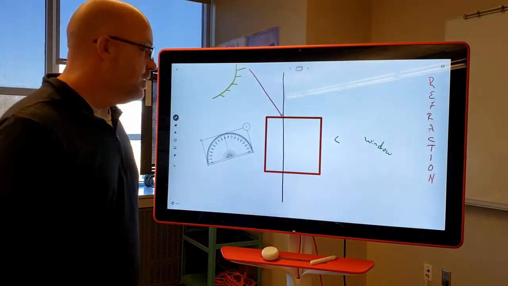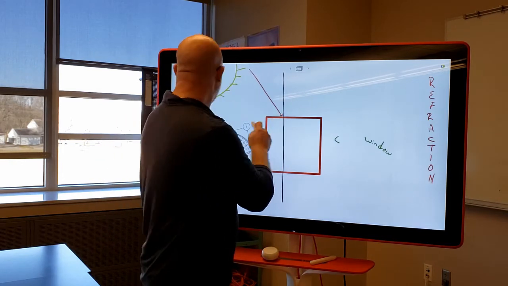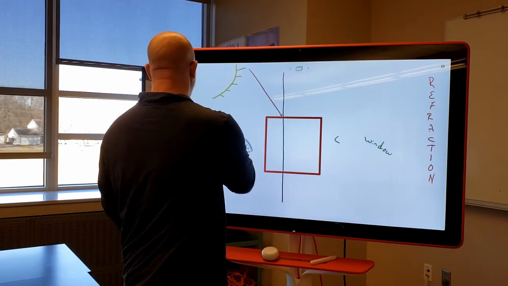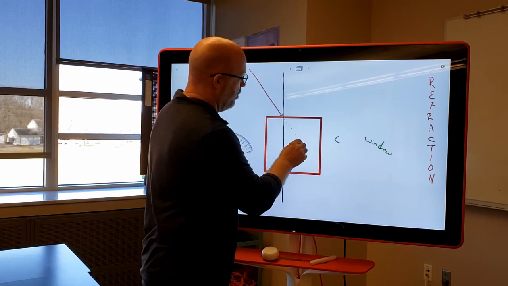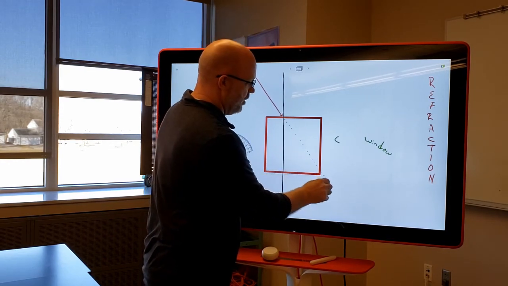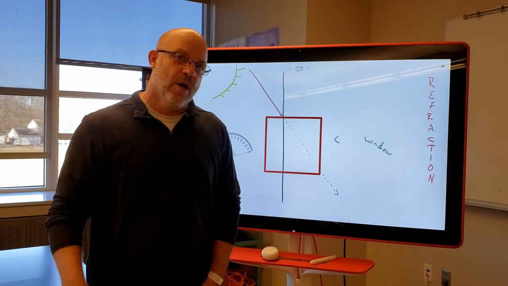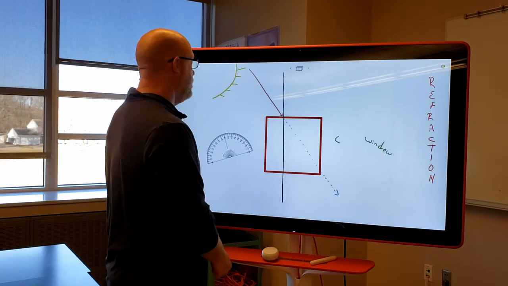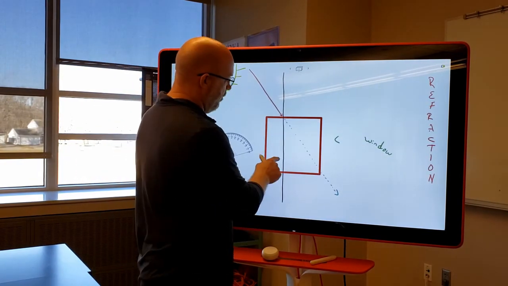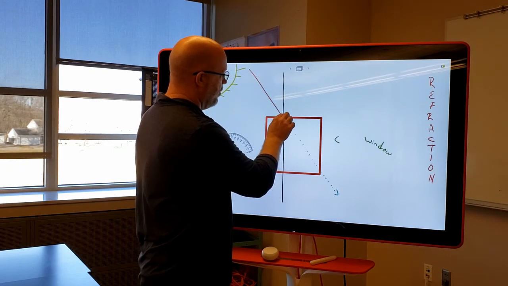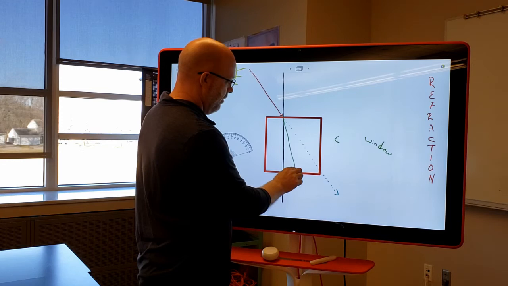What happens when this slows down? If this was still air, it would go straight through. But refraction doesn't allow that to happen. What refraction does is it actually bends the wave towards the normal when it slows down. So it's actually going to go here.